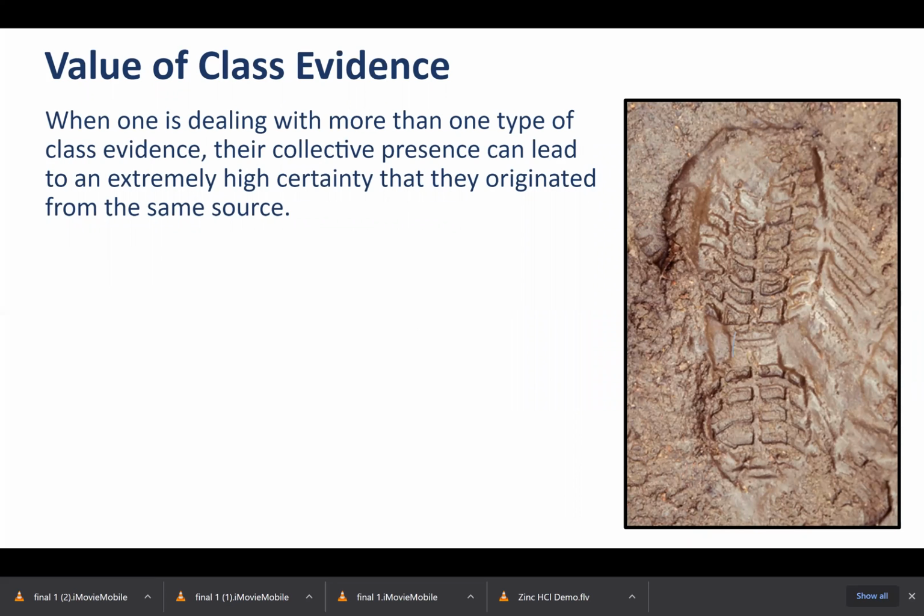All right, so the value of class evidence. We've talked about class evidence, right? It's like a class, a group, it narrows it down to a group or a class of objects, right? So when one is dealing with more than one type of class evidence, the collective presence can lead to an extremely high certainty that they originated from the same source.